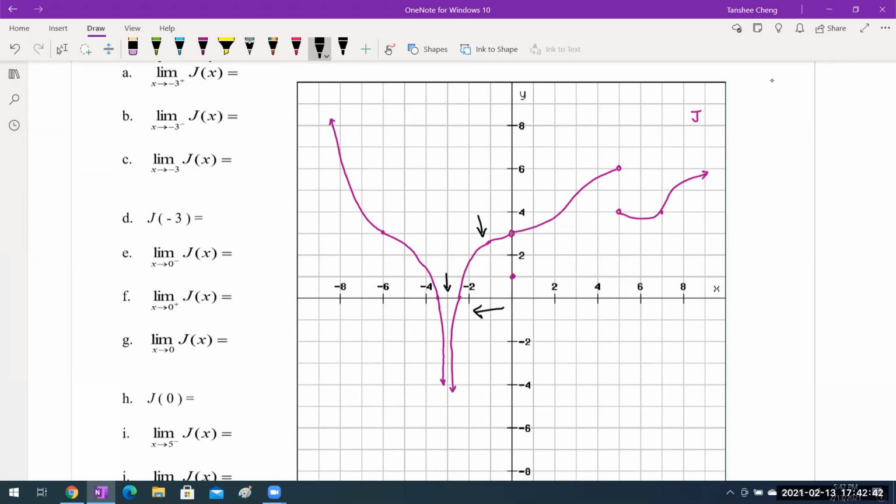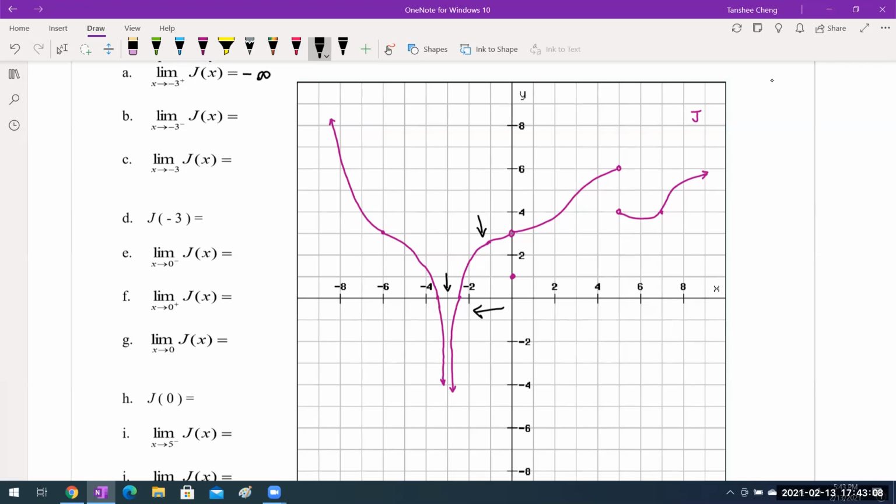As you can see, as we move right along this graph, getting the x value closer and closer to -3, the graph is going to -infinity, right? Keep on going down and down. So the limit is -infinity.